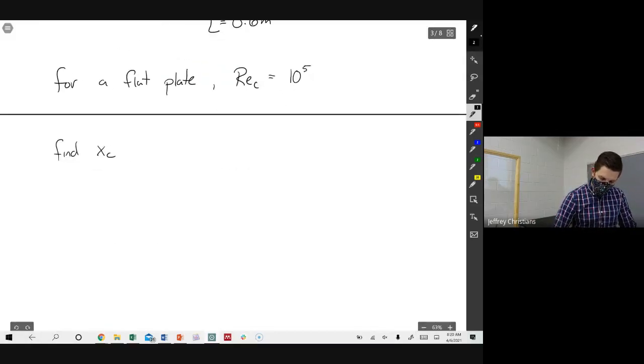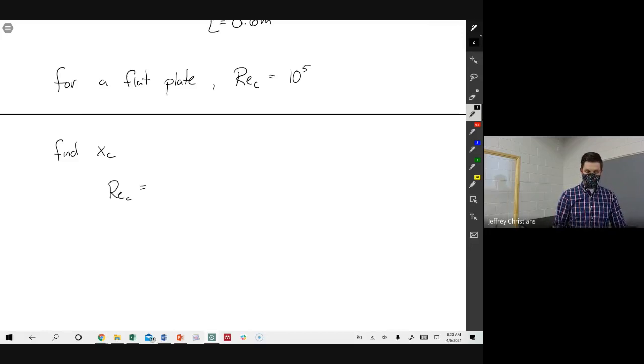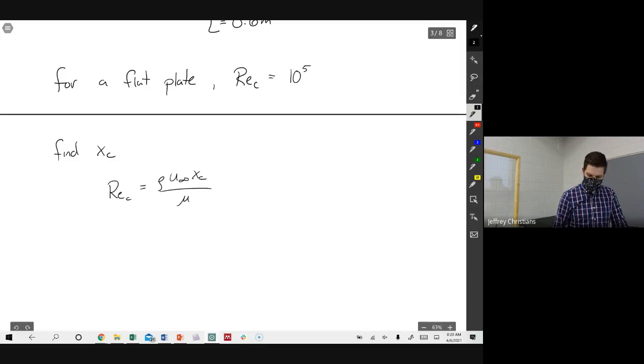We know that's going to be where the Reynolds number equals the critical Reynolds number. So this is density times U infinity times x_c over mu.